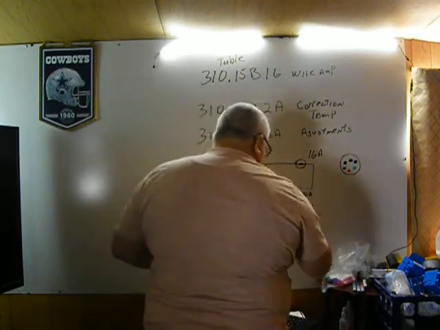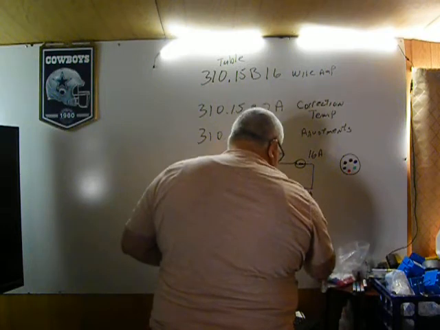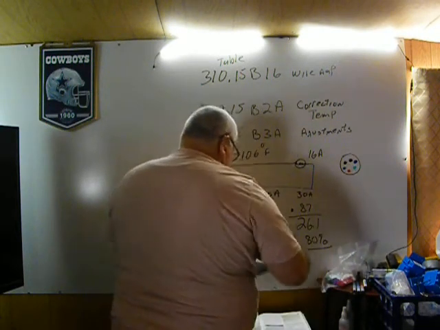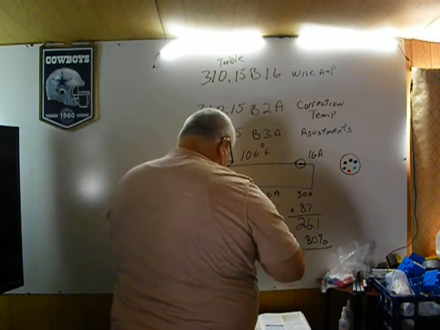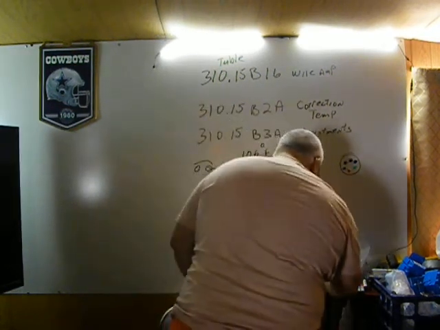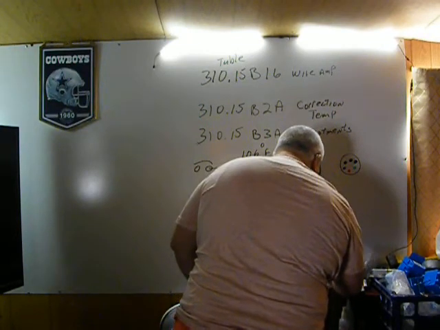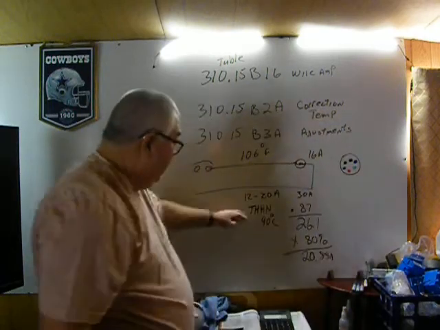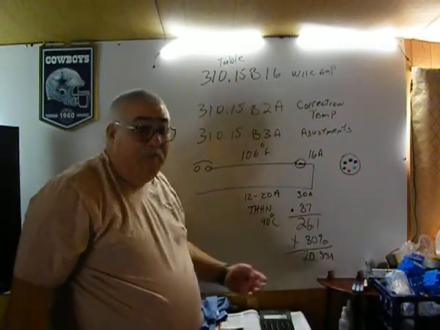So now I want to multiply this by 80%. So it comes out to 20.88 amps. Okay, so now I'm at 20, I'm using the 20 amp breaker, I'm okay.